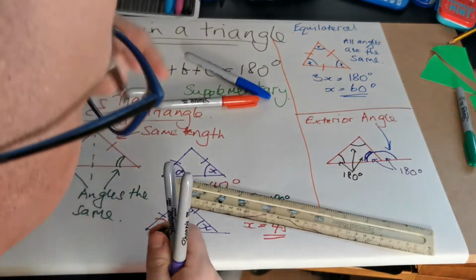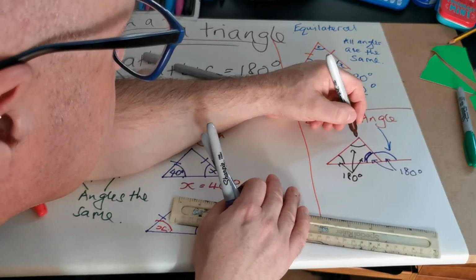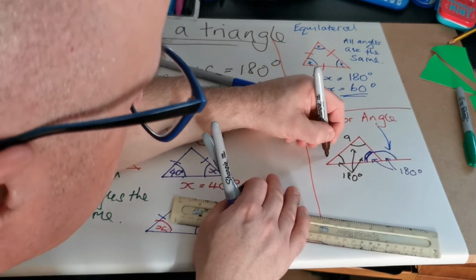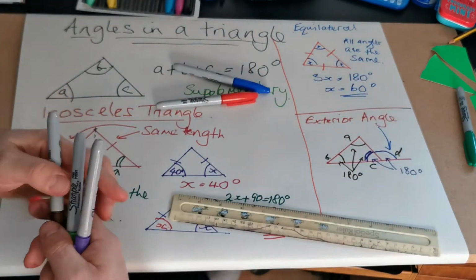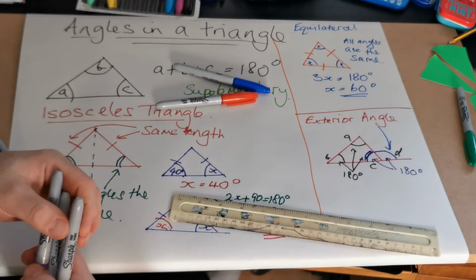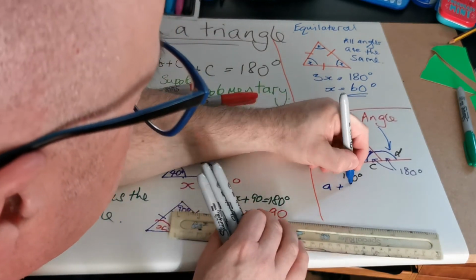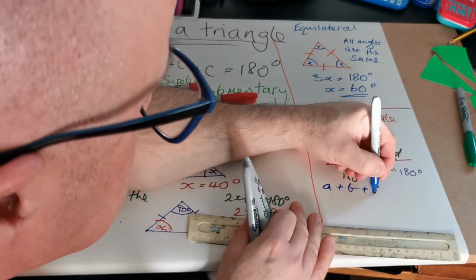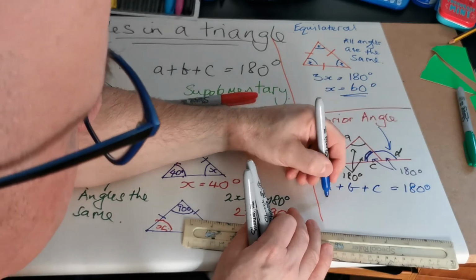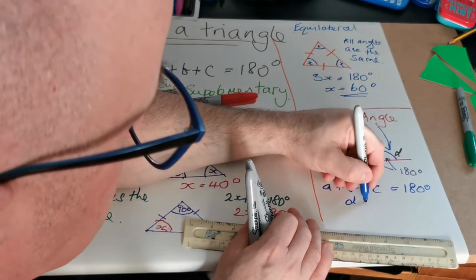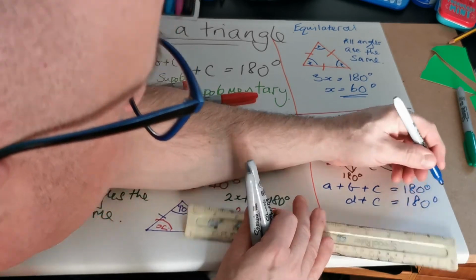So if I was to call these ones A, B, C and D, I would know that A plus B plus C equals 180 degrees, and I would also know that D plus C equals 180 degrees.